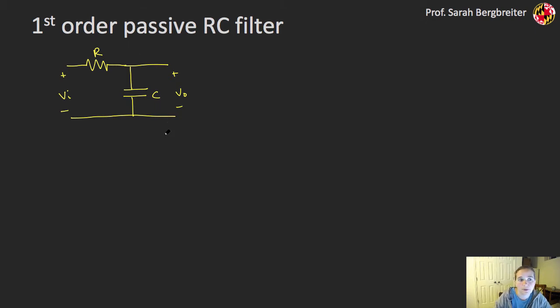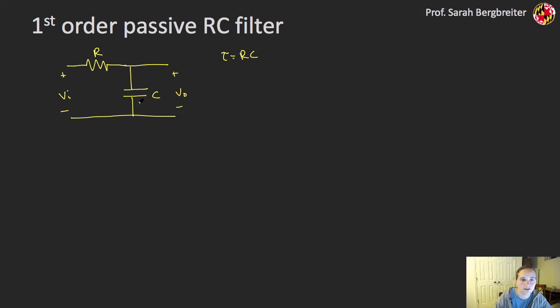So this is a low pass first order filter as well. I could go through and do the math and show that this is a first order system, but hopefully you believe me on that by now. And I'm going to have a time constant for this particular circuit of RC.